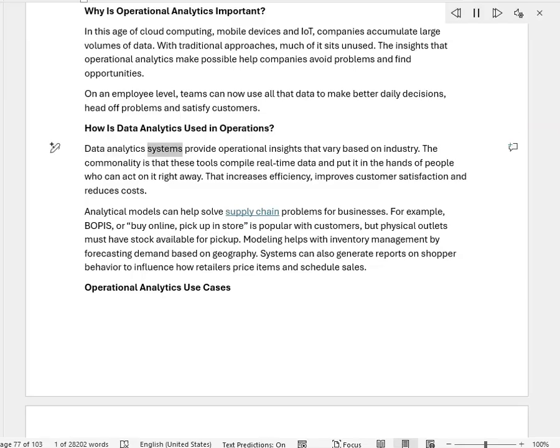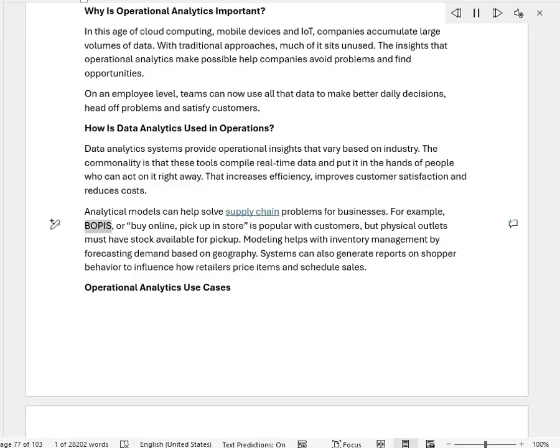Data analytics systems provide operational insights that vary based on industry. The commonality is that these tools compile real-time data and put it in the hands of people who can act on it right away. That increases efficiency, improves customer satisfaction and reduces costs. Analytical models can help solve supply chain problems for businesses.